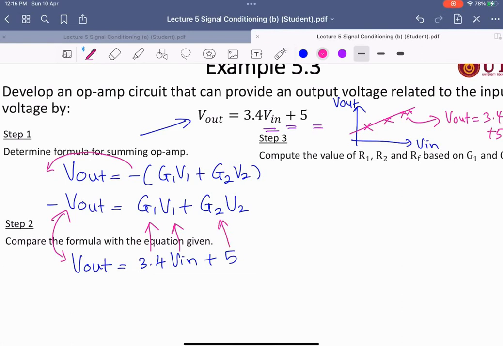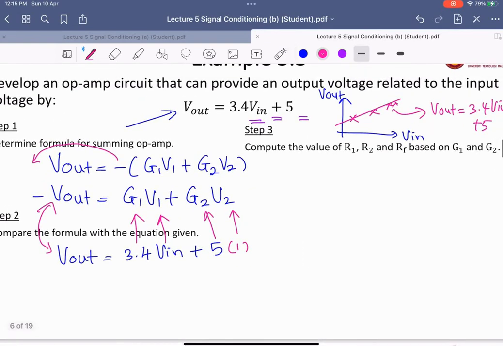When we compare, we get G1 equal to 3.4, and V1 equal to Vin. G2 is equal to 5, and V2 is equal to 1. So your input V1 is Vin, the symbol, and V2 is equal to 1 volt.